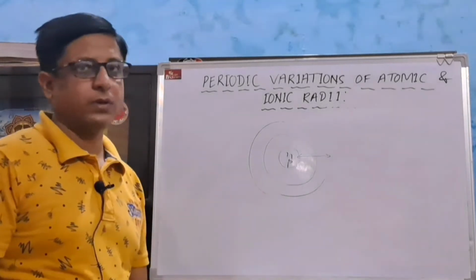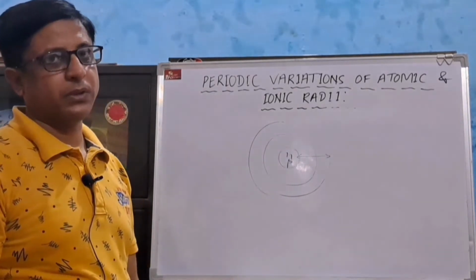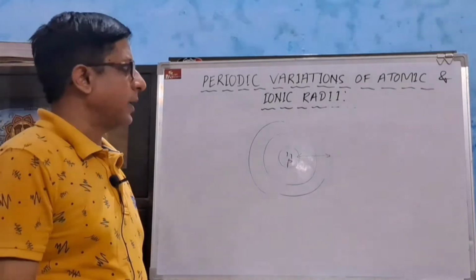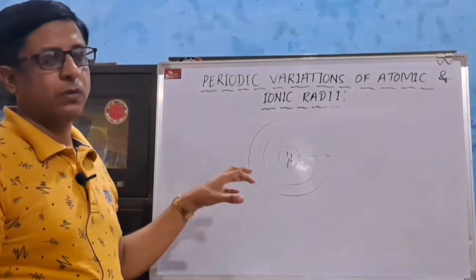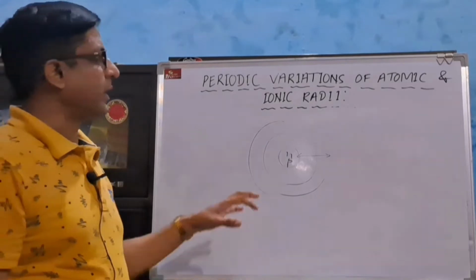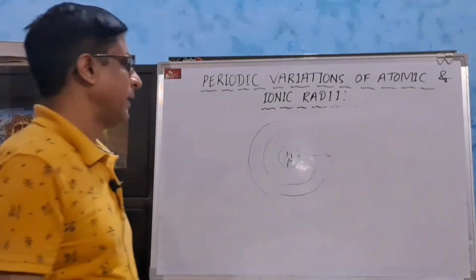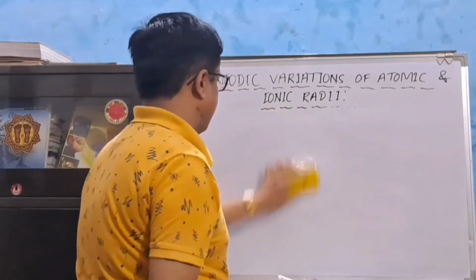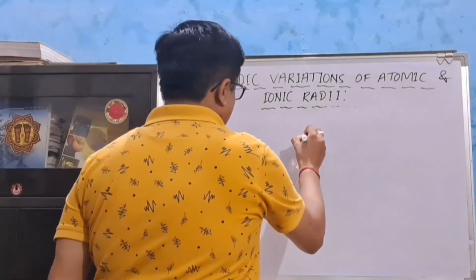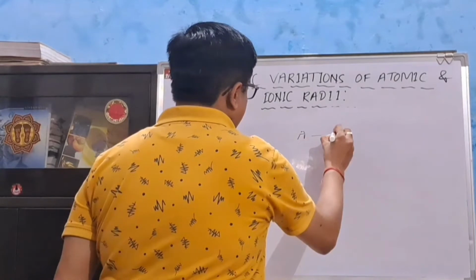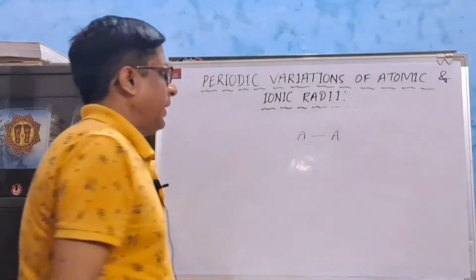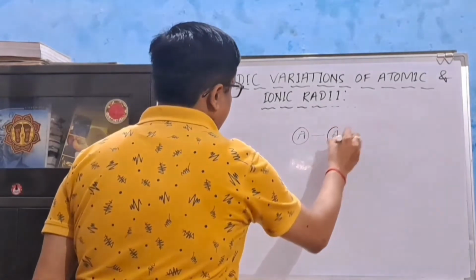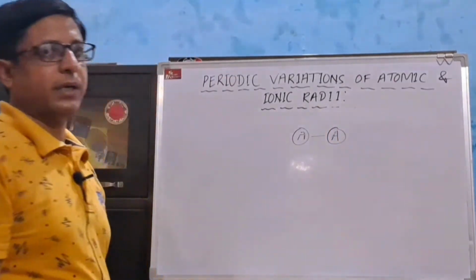In case of covalent molecules, the distance between the nuclei of two bonded atoms is known as internuclear distance. If two atoms are bonded covalently, then the distance between the two neighboring atoms is known as internuclear distance.